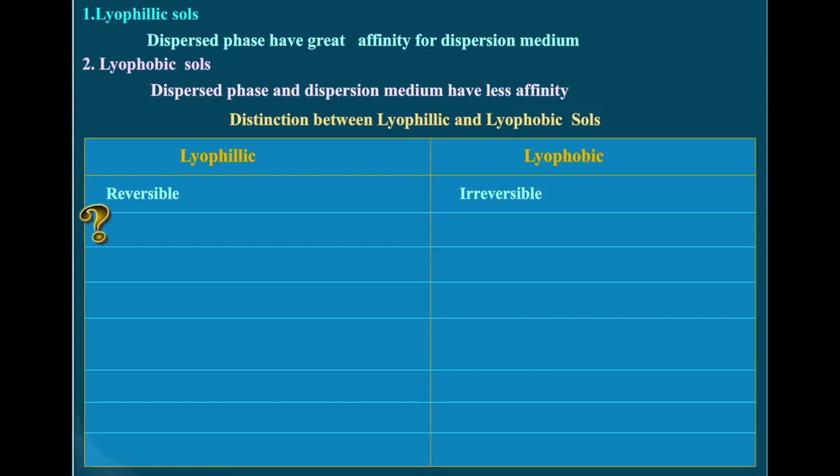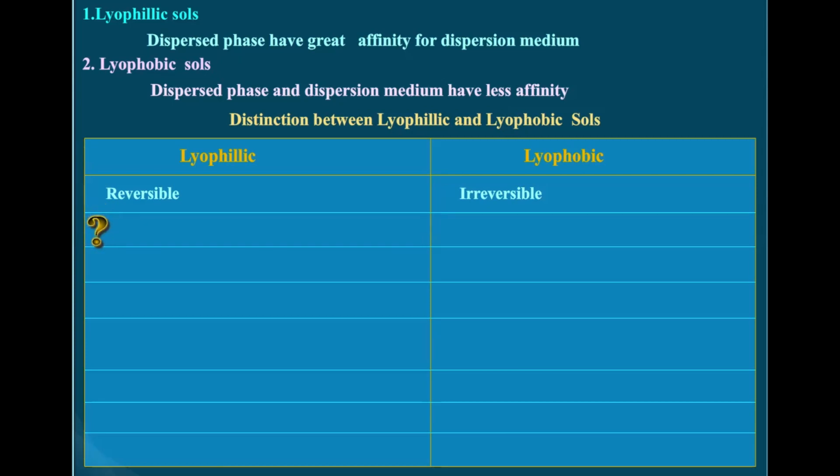If the dispersion medium is separated from the dispersed phase, say by evaporation, the sol can be reconstituted by simply remixing with the dispersion medium. That is why we call these reversible sols.